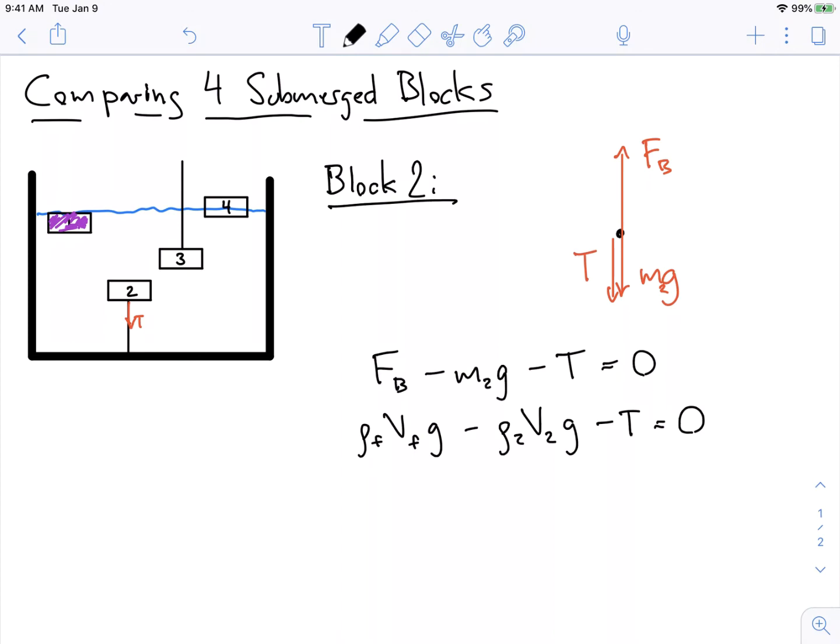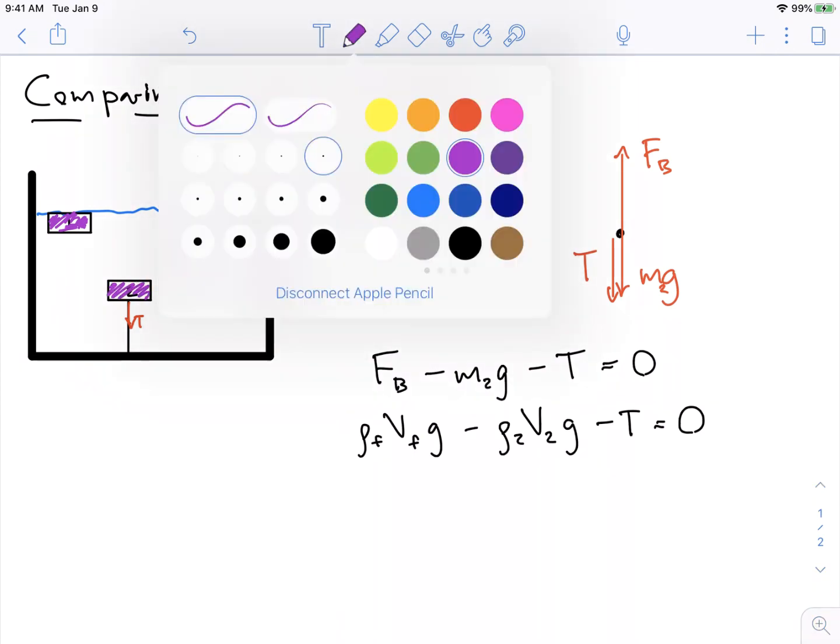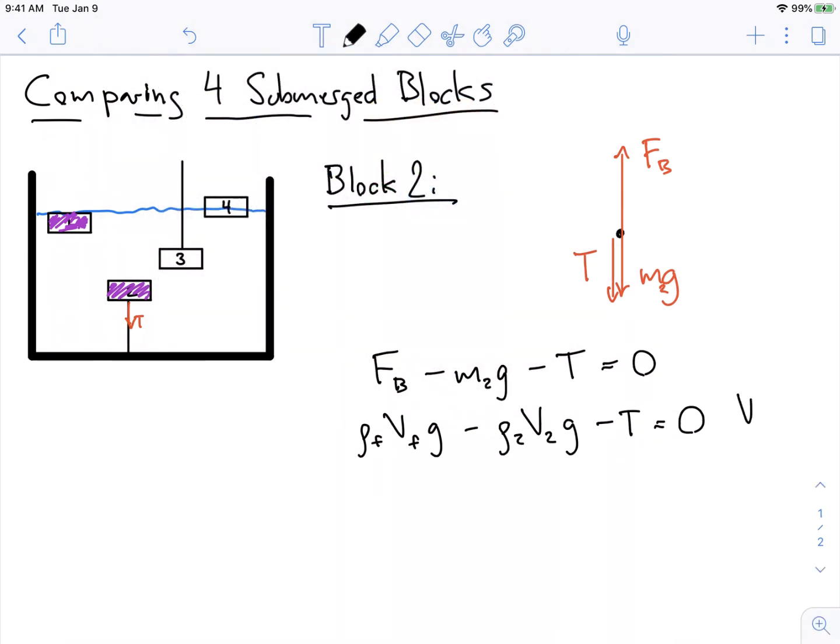And once again, this block is fully submerged, so Vf is equal to V2. We could divide by g and write this as (rho f minus rho 2) times the volume, minus T divided by g, is equal to 0. So that's something we could do, but it's an equation.